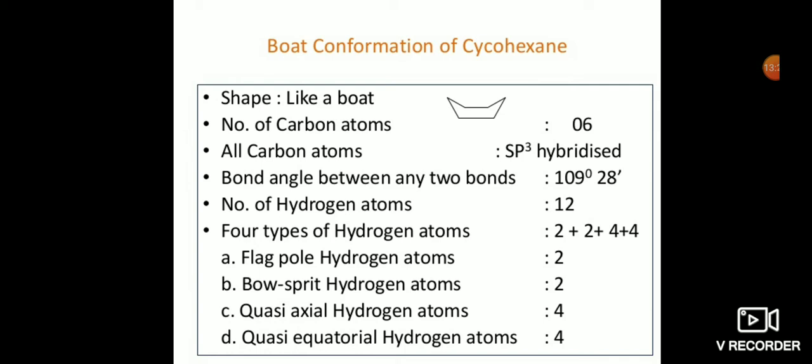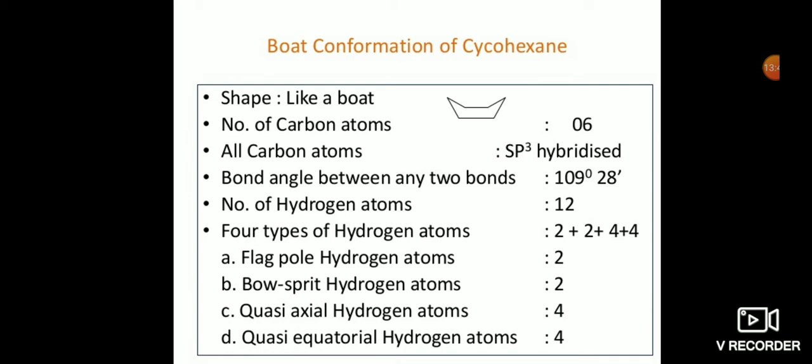4 types of hydrogen atoms in boat conformation. There are mainly 4 types of hydrogen atoms in both type of conformation. 2 plus 2 plus 4 plus 4. So 2 are same, another 2 are same, and another 4 and 4. So in this way there are groups. We will discuss each and every one in detail.